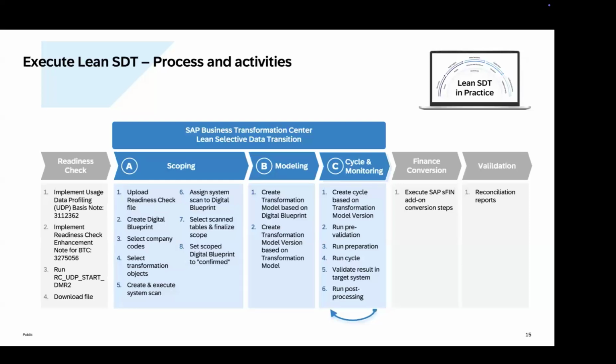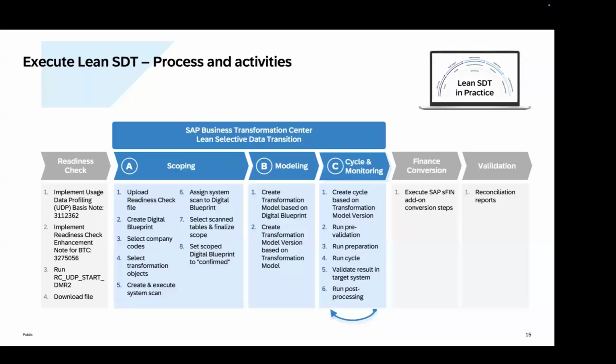As well, we have topics such as a table scan, where we say, okay, there is a certain set of tables that come connected to the company code or to the transformation object scope, but there are also tables in the third-party namespace, there are tables in the customer namespace that we would also bring up as part of the scoping exercise, because they obviously also contain data that are connected to the company codes or that we need to have in the target system to ensure that the system is fully running and operational. We have the modeling part.